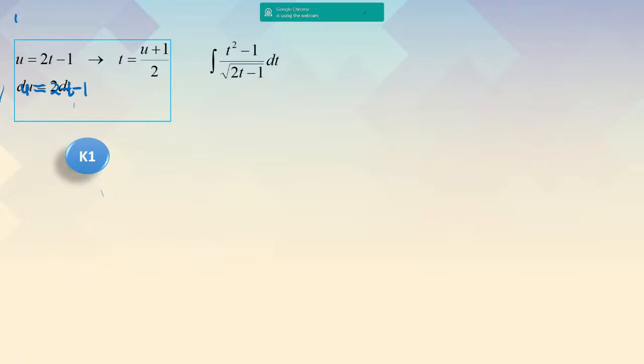Okay, then differentiate 2t minus 1, okay, 2, okay, then t as a subject, u plus 1 over 2. Okay, then we substitute. Okay, we substitute u plus 1 over 2 square minus 1 over square root of u, okay, then dt substitute with du over 2, okay.